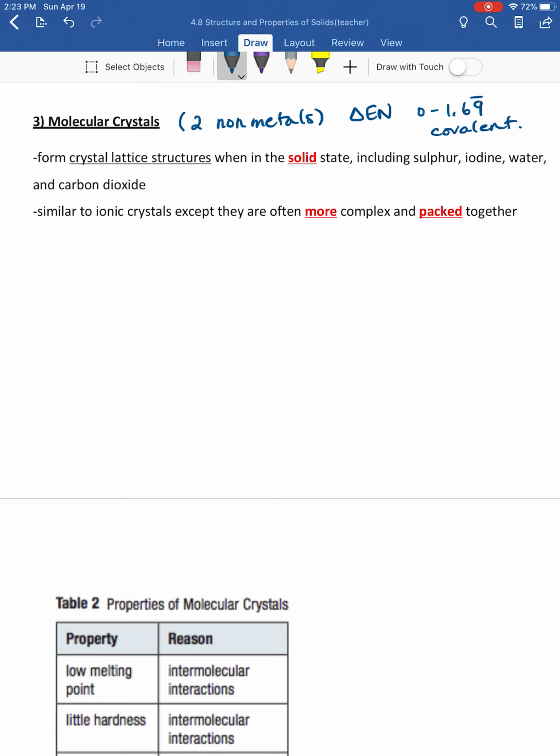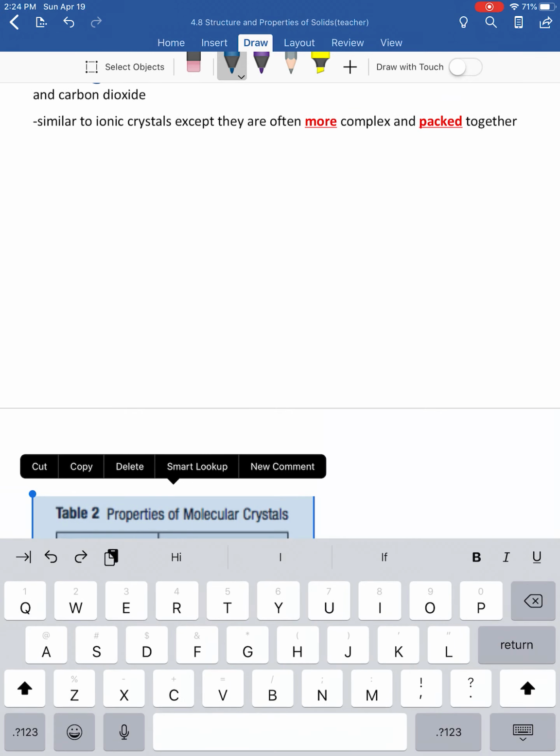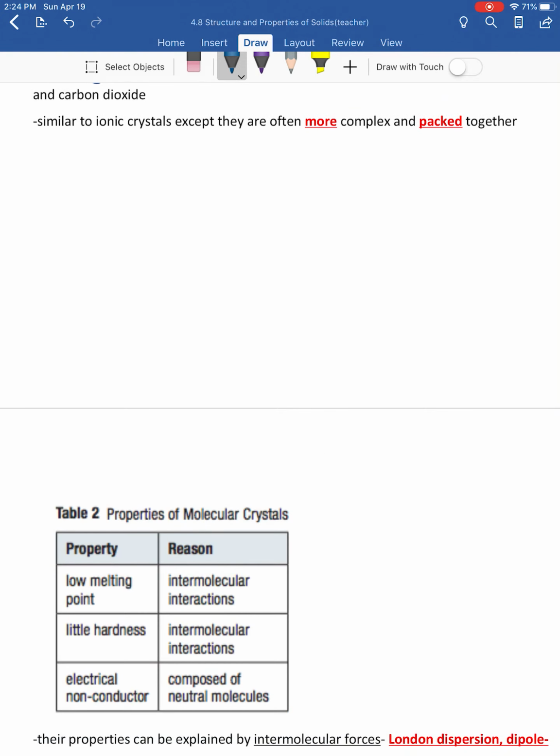Okay, so when these crystals are in the solid state, they still have an actual repeated structure. That's why we can say they're a crystal lattice. They're often a little more complicated because they're not as ordered. Because you don't have that plus-minus ordering, you can actually induce a dipole and change the crystal shape.